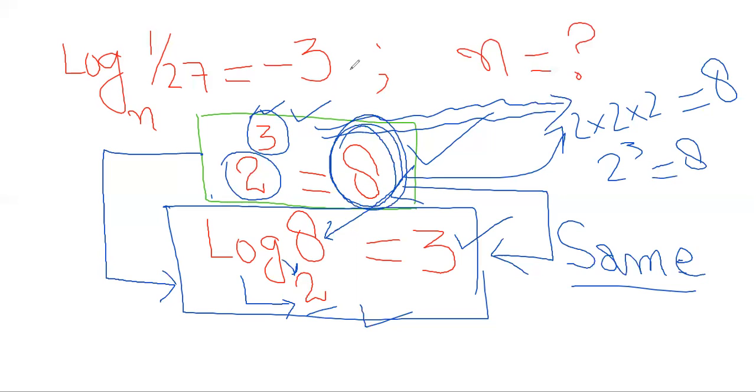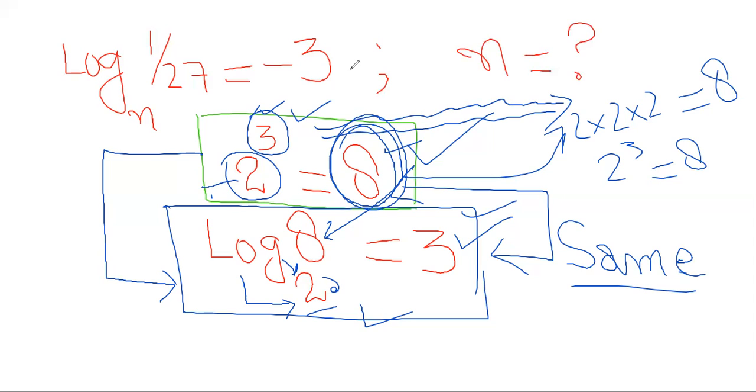Then the exponent or power is the answer. And the base in the exponential form is taken as the logarithmic base, the log of 8 to the base 2. This is the transformation.